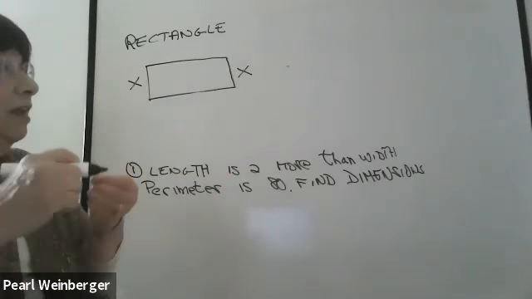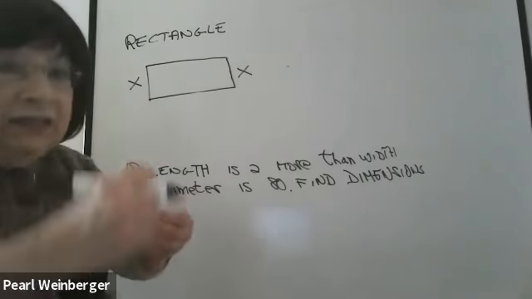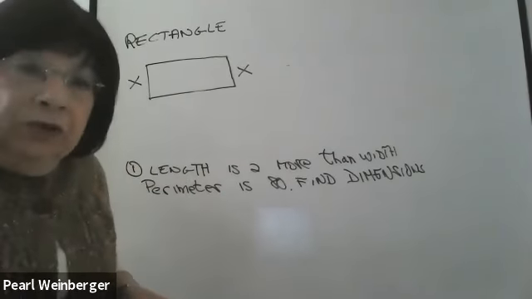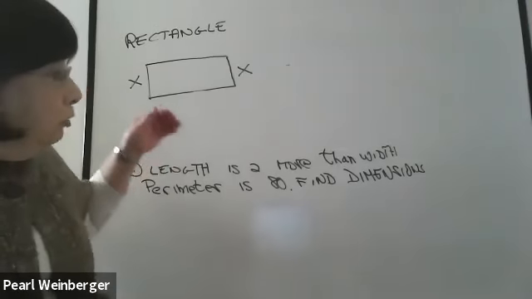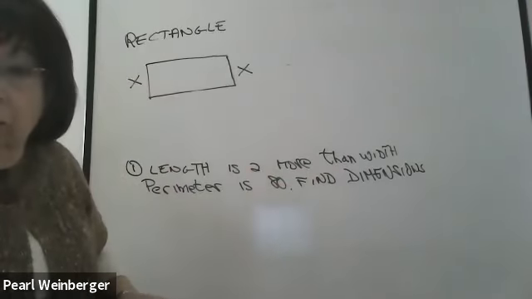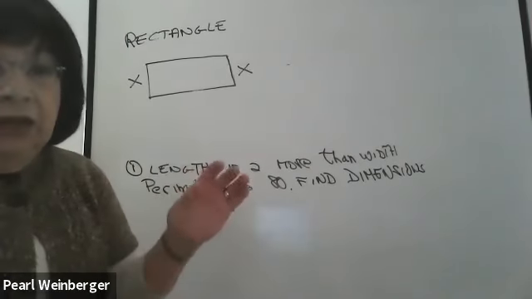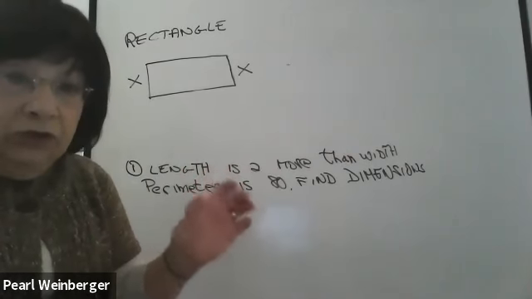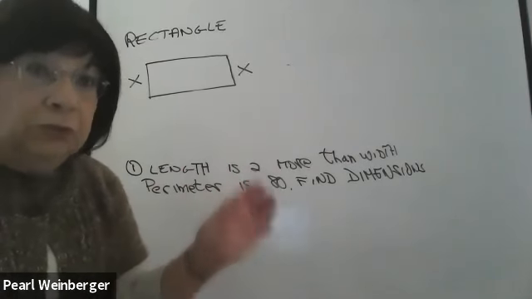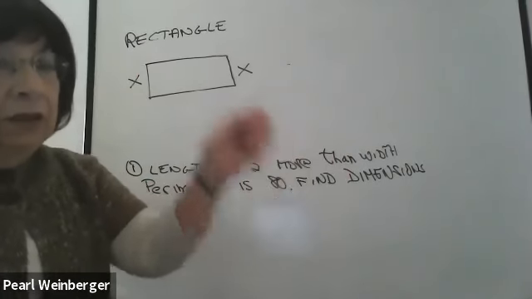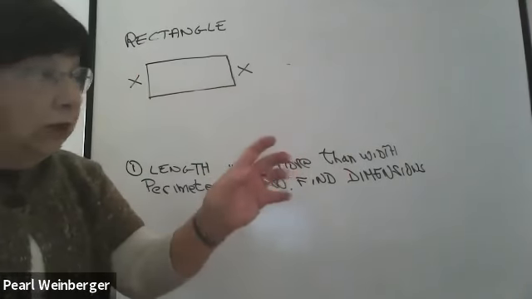If I said it was 2 less, then I would subtract. When do I multiply? When it says either 2 times or double. Usually the word times is actually used, which means multiplication. But more means add, less means subtract.